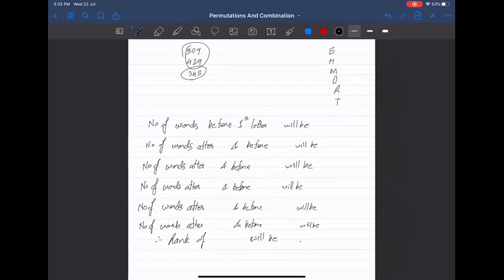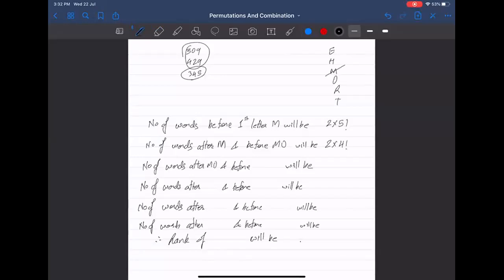So very clearly, number of words before the first letter M will be, बोलो anybody? 2 into 5 factorial. Very clear. And after M and before MO, M को उड़ा दो, and MO तो आएगा, will be 2 into 4 factorial.